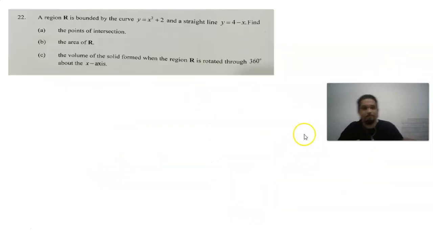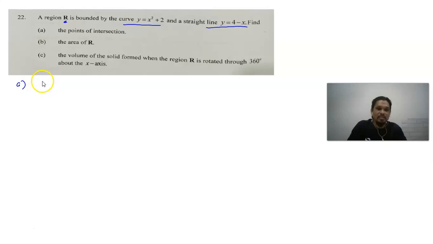Then next, region R is bounded by the curve and a straight line y equal to 4 minus x. So find the point of intersection. To find the point of intersection means that we equalize the equations.